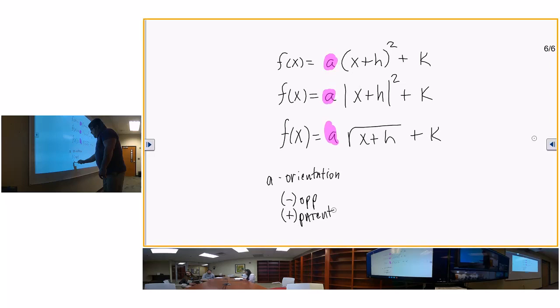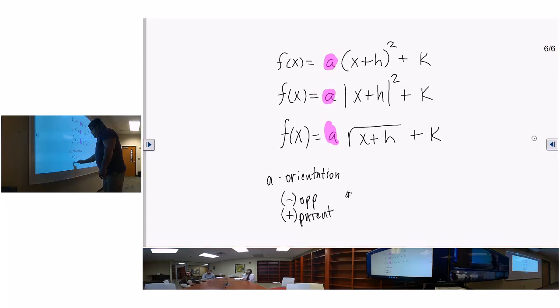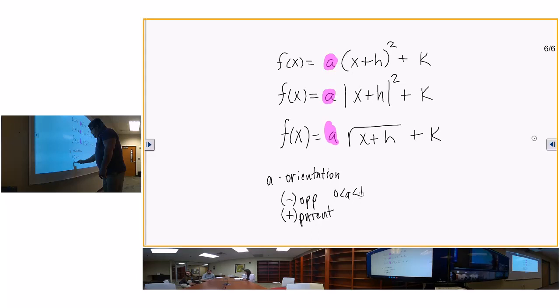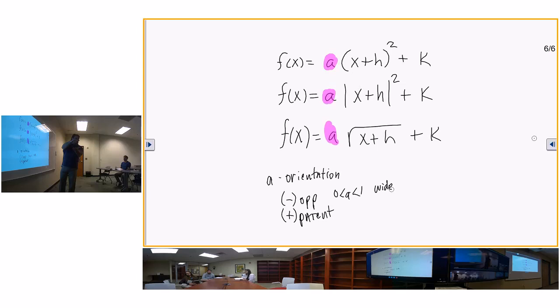I gave you about 8 or 10 of them. Okay? What does it tell us if it's between 0 and 1? It's going to be what? Wide. Which means it's going to be stretched along the x-axis and compressed along the what? Y-axis. Y'all remember going over this?